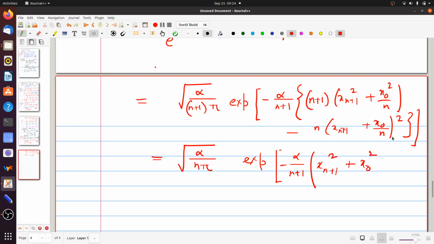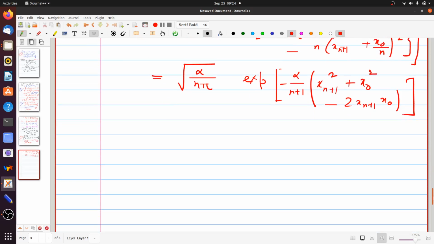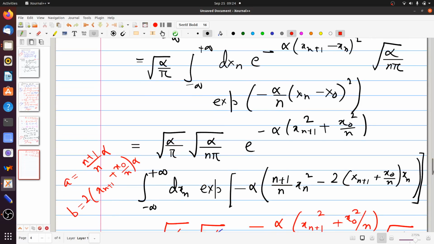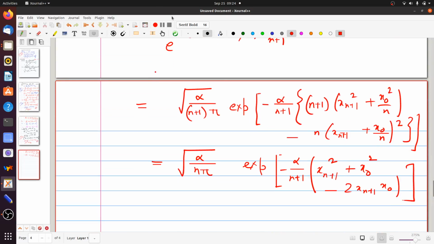And when you take the twice ab term from here, you simply get twice xn plus 1 x0. Of course, this is exactly what you saw in the previous two cases. This same simplification occurs. And sorry, I made a mistake here, of course. This factor here is root over n plus 1 pi.